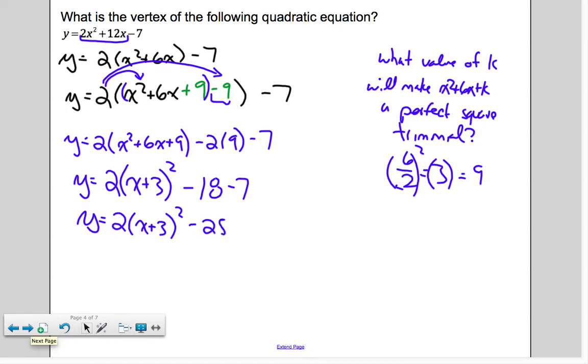So now what is our vertex? Ryan? Negative 3, negative 25. This one is a little bit different because it has a stretch factor of 2.